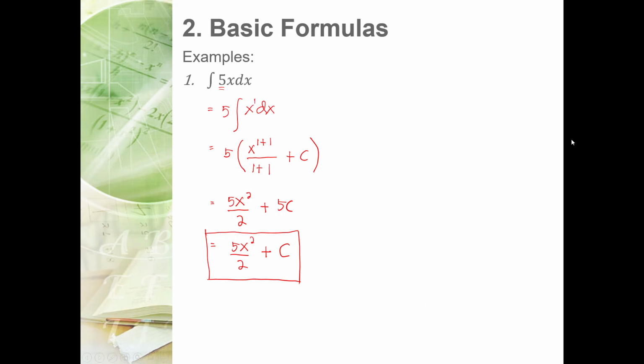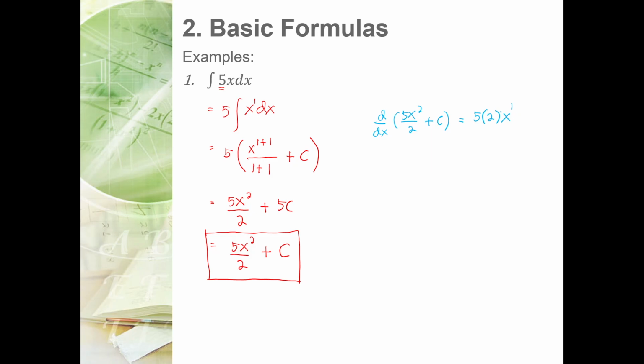Again, if you want to verify your answer, you derive your answer. So the derivative of 5x squared over 2 plus c. We have 5, bring down 2, then x, then 2 minus 1, that's 1, right?